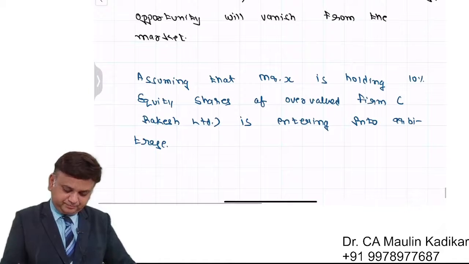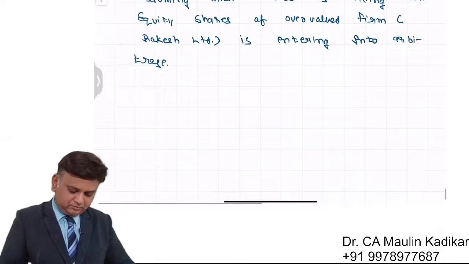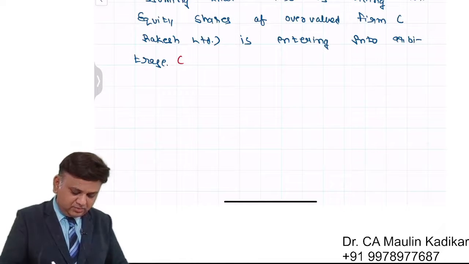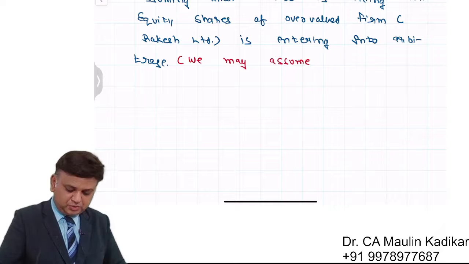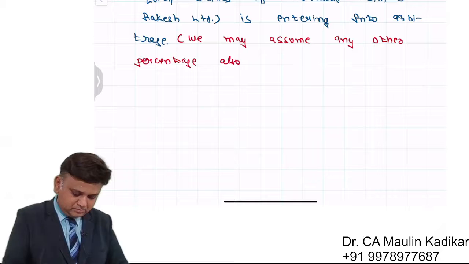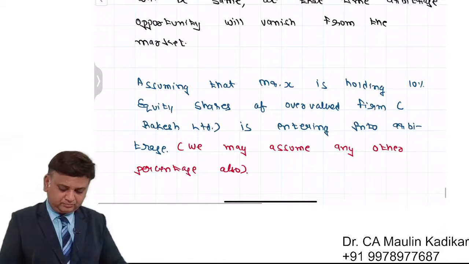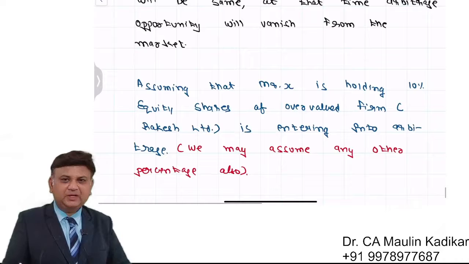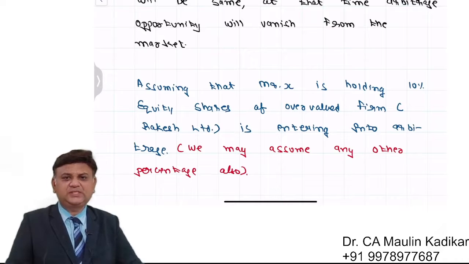Full stop. In bracket write down, we may assume any other percentage also. Bracket over. So we are assuming that there is an investor called Mr. X holding 10% equity shares of Rakesh Ltd is entering into arbitrage.